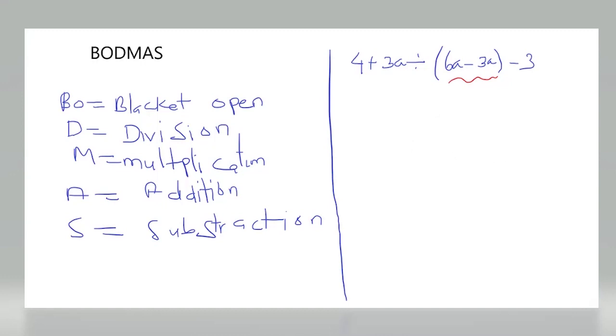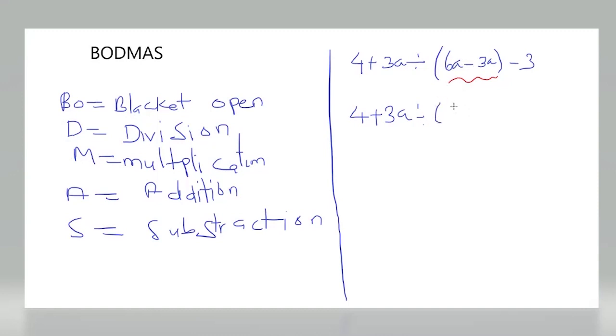Now, for example, I can do it like this. This is 4 plus 3a, then divided by, since we start with the bracket, we deal with the values within the bracket.